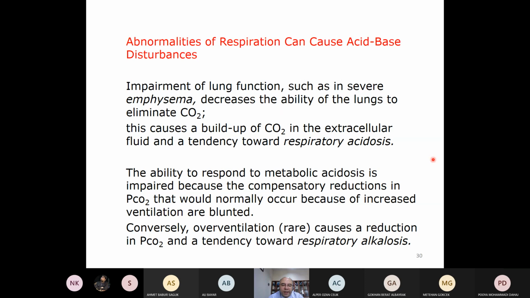It decreases the ability of the lungs to eliminate carbon dioxide. This causes a build-up, increase of carbon dioxide in the extracellular fluid and the tendency toward respiratory acidosis.